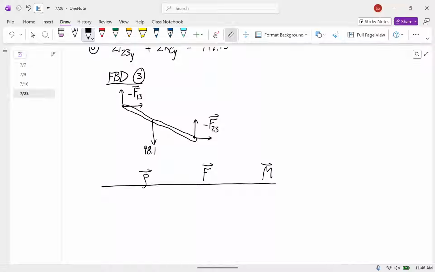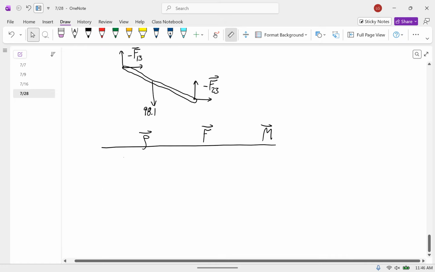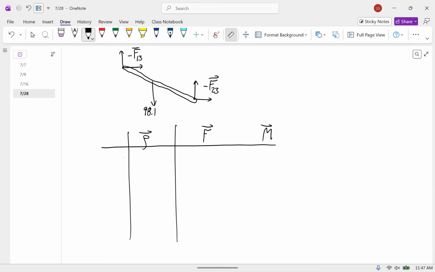So if you ever get confused about why those tables in some of those solutions are longer, it's just the coordinates where the force is applied and the coordinates of the about point. And then you can subtract those to get the rho vector. I think this is a nicer way to think about it, actually.